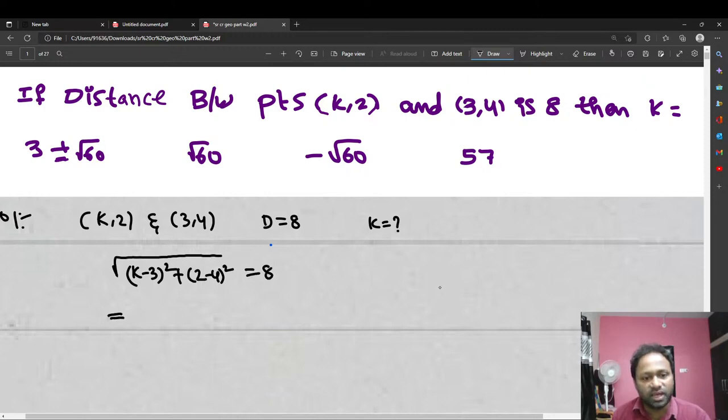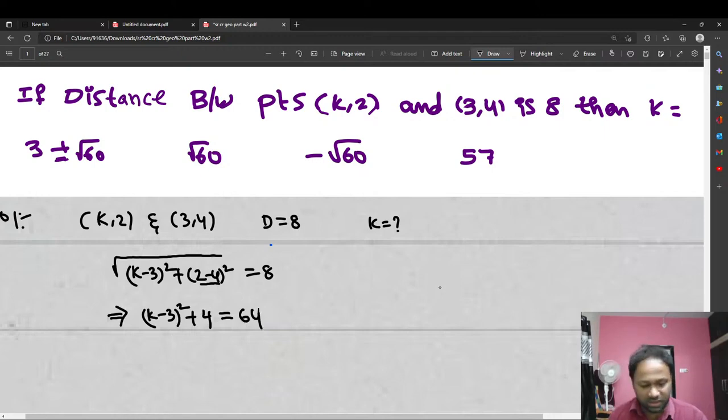Now square on both sides. What do we get? (k minus 3) whole square plus (2 minus 4) whole square, whose value is 2 square, which is nothing but 4, that is equal to 64.